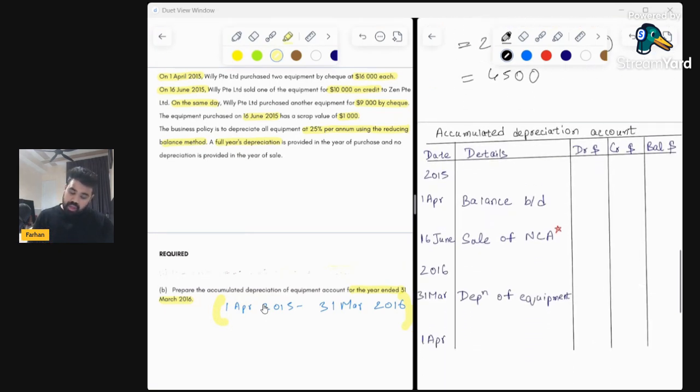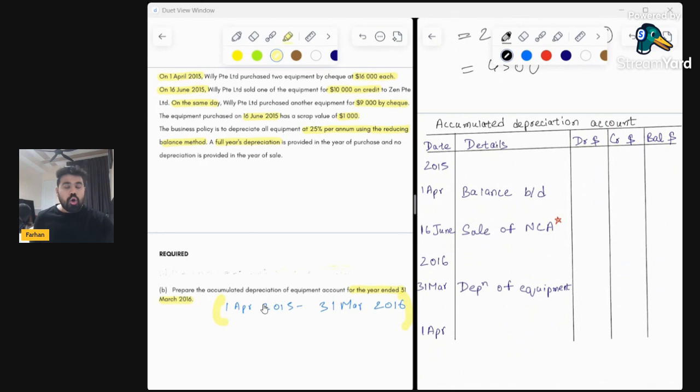Now, here I have an outline already created for the accumulated depreciation ledger account, which is the usual 5-column format, with the date in the first column, followed by the details in the second column, the third column having all the debit totals, the fourth column having all the credit totals, and the fifth column has the net balance figure.